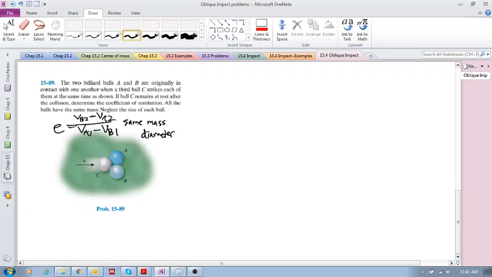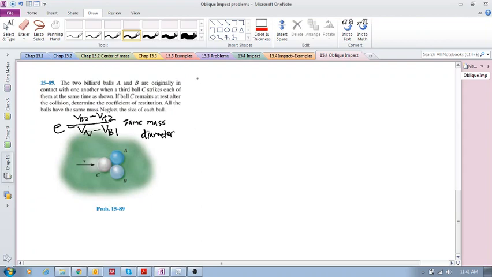The coefficient of restitution is between, say, C and A or C and B, right? Okay, so I hope I'm not confusing you too much yet, but this is kind of the idea that we need some velocities and we need to analyze two particles that are colliding, either C and A or C and B.